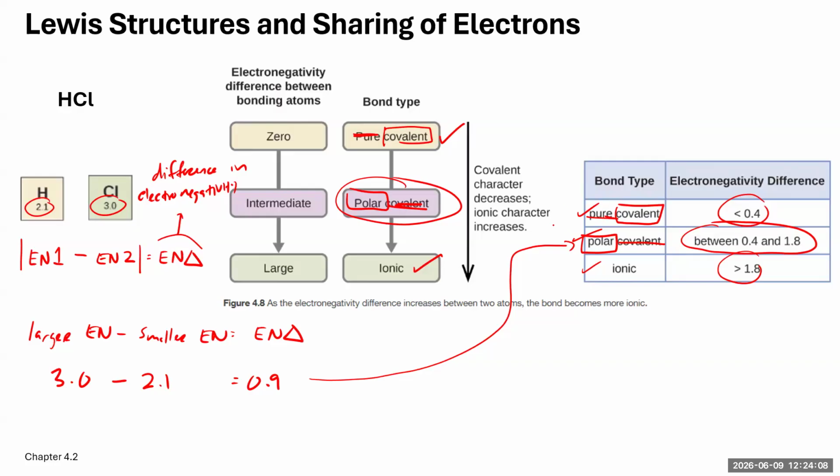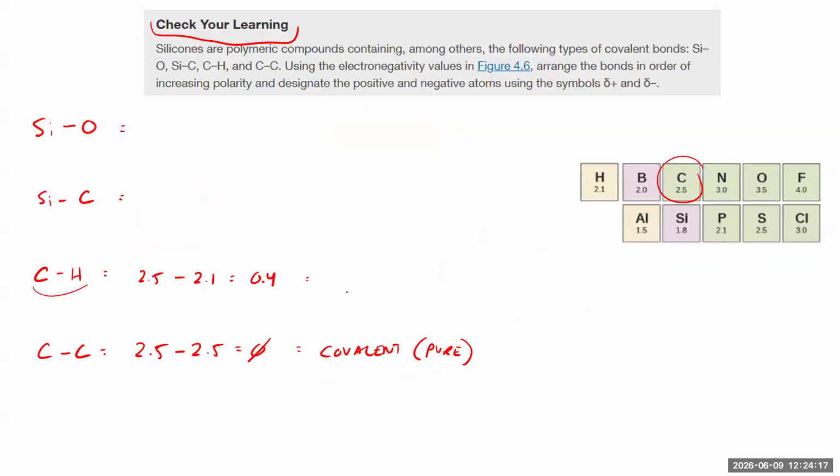It's right on the line here. This one's kind of hard to tell, but let's go exactly by what the chart says. It's actually 0.4, so we're going to call this a polar bond. But maybe in parentheses, we'll say weakly polar, because it's right on that cusp.